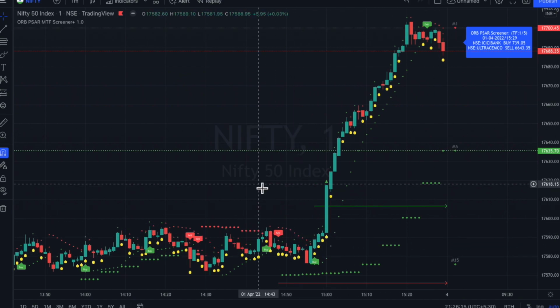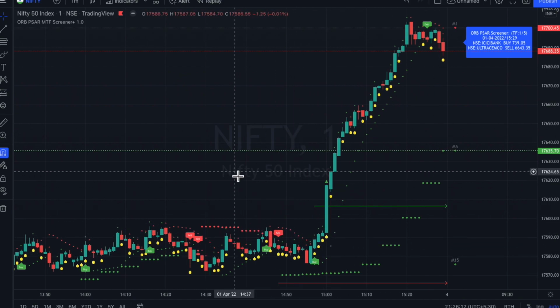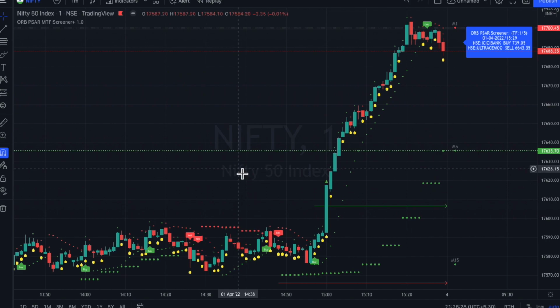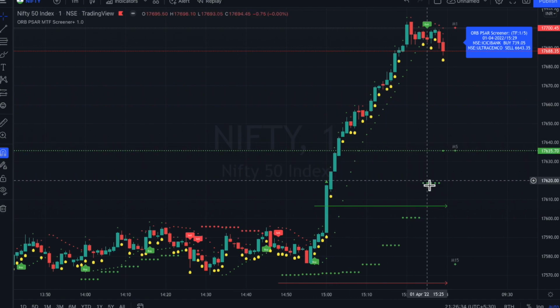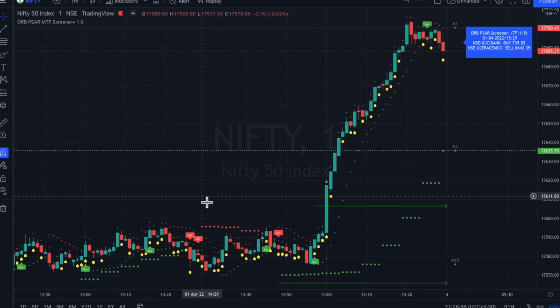Now this indicator, as I mentioned, is also a screener. So this is what you see on the screen right now is the complete indicator with most of the features enabled. So here if you see, it is already plotting the PSAR for the lower time frame and the higher time frame, and additionally it is also giving us certain signals.